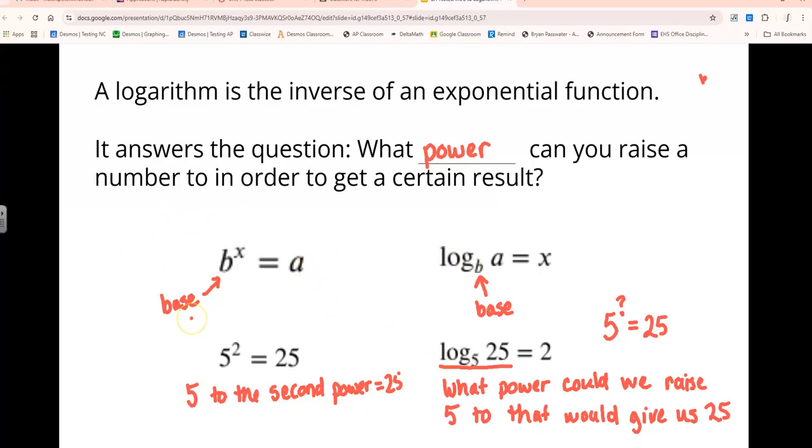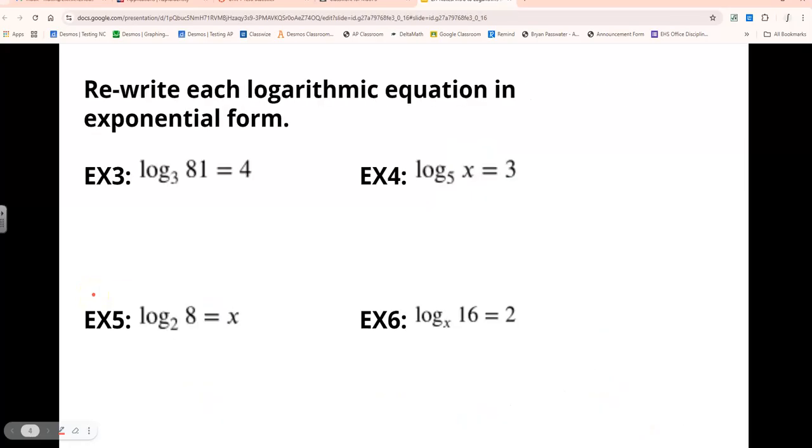Okay, so let's talk about how to rewrite these. So I teach these a little bit different than some teachers do. I think I have seen more success with kids learning it the way that I teach it than the other way, because I find that kids often forget the rules of it.